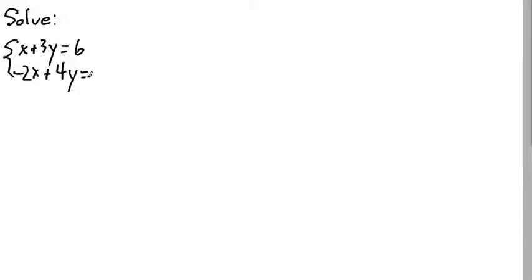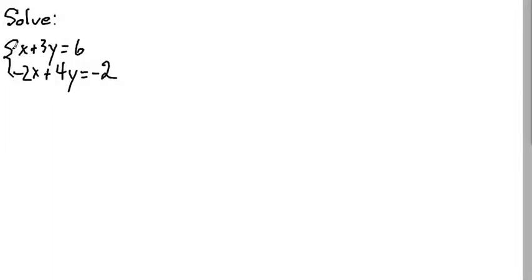Let us solve the following system. x plus 3y is equal to 6, and negative 2x plus 4y is equal to negative 2.